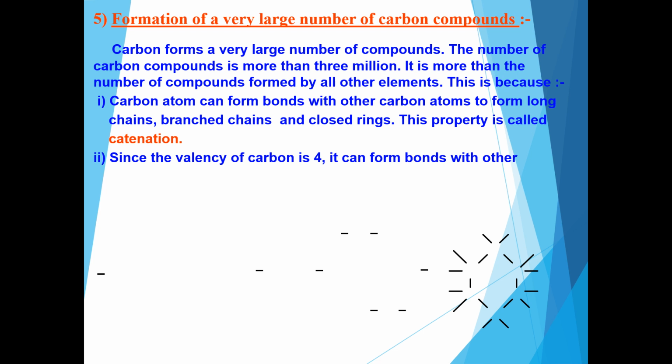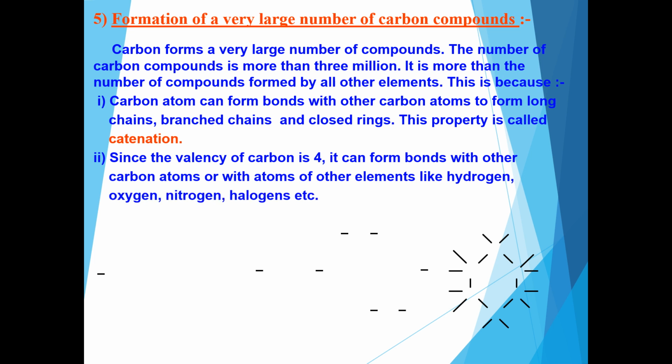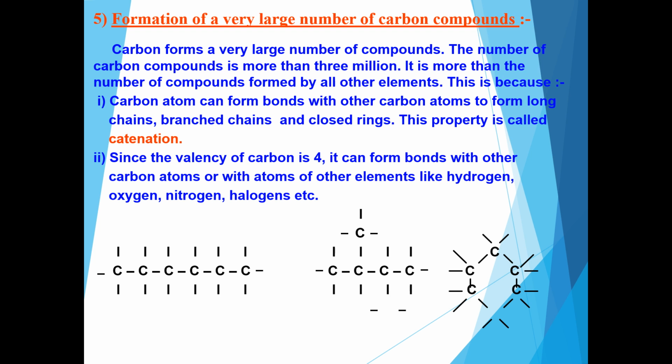And the second thing is that since the valency of carbon is 4, it can form 4 bonds with other carbon atoms or with atoms of any other element, may be hydrogen, oxygen, nitrogen, halogen, etc. So, due to its tendency to form 4 bonds, it can form a straight chain compound like the first example, it can form a branched chain compound as shown in the second example, or it may form a ring chain compound as shown in the third example.